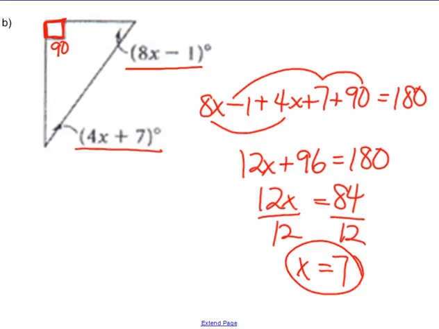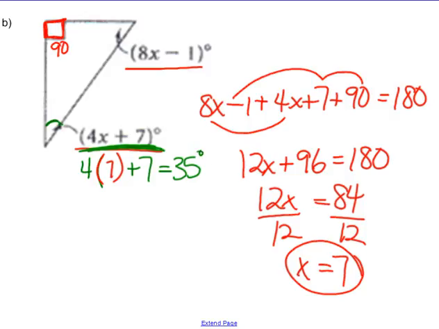So we have the 7, but we still haven't finished yet because we have to plug it right back in. So I'm going to plug it into this one right here. It just looks easier. It doesn't matter what I plug it into. So this is going to be 4 times x plus 7. So that's 28 and 35.